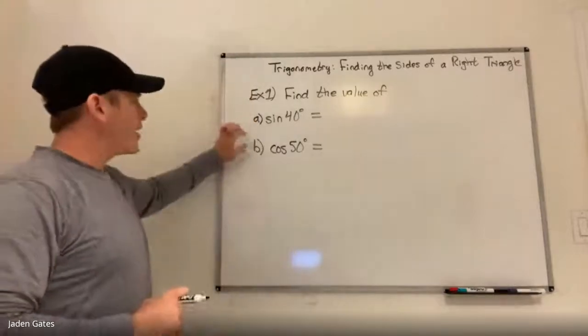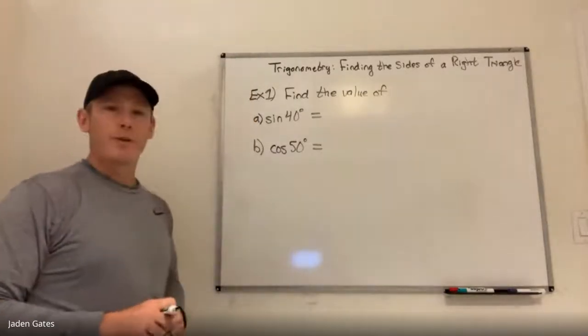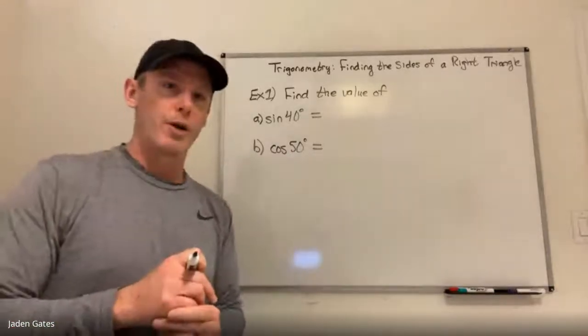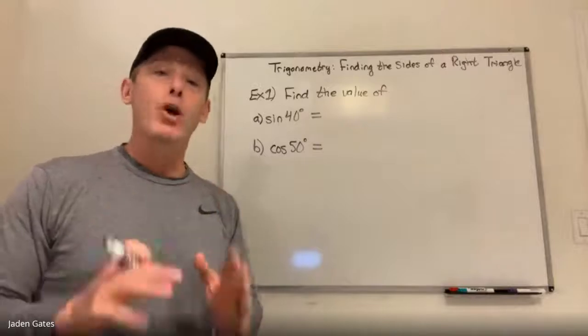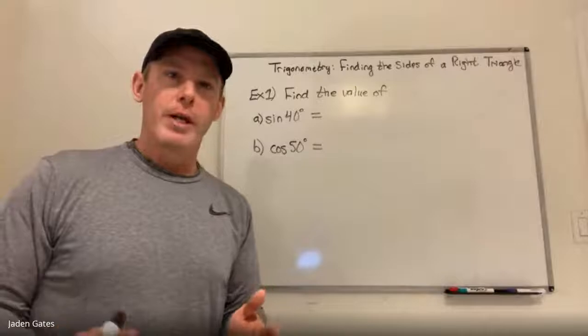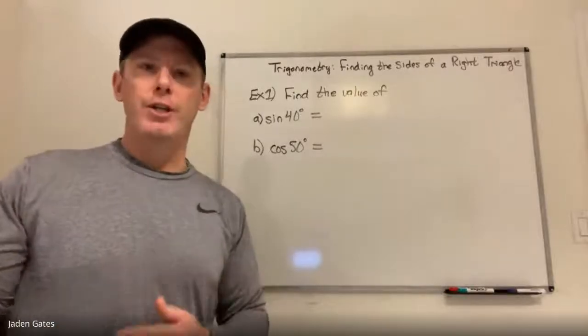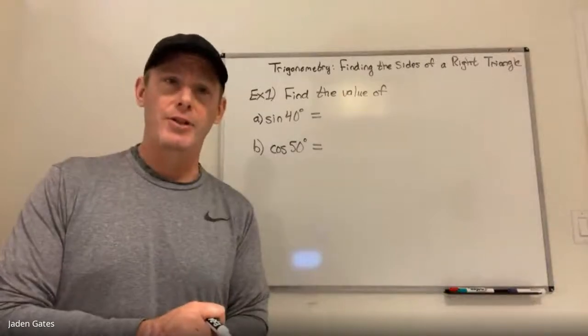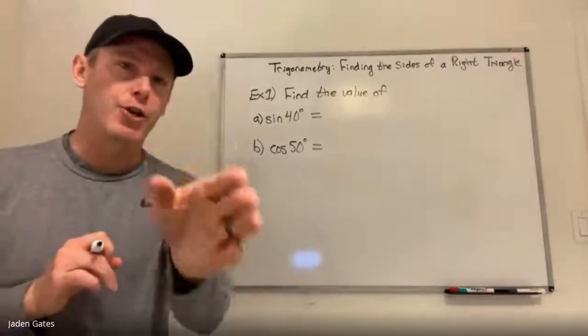All right, now sine 40 degrees and cos 50 degrees, this shouldn't be anything new, but again, there's some things to it. The first is your calculator in this unit has to be in the right mode. I don't know how many times I'm teaching this in grade 10 right now. You can press all the right buttons, get all the wrong answers if your calculator is not in degree mode.